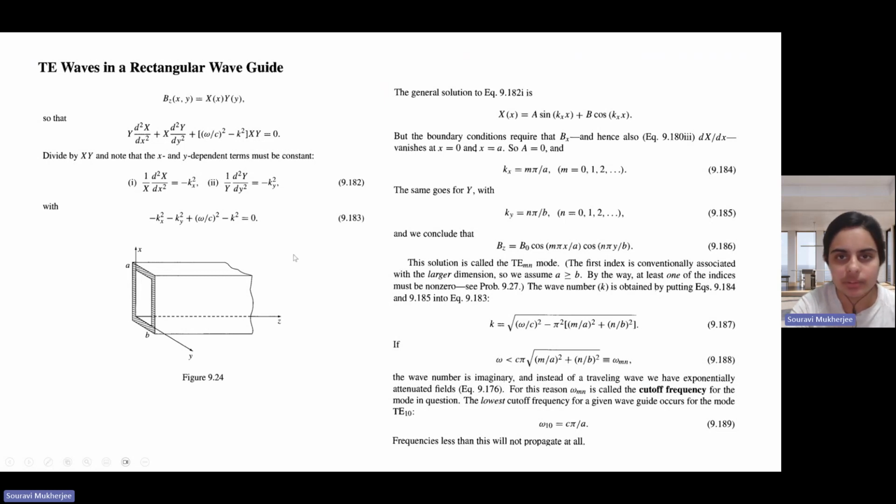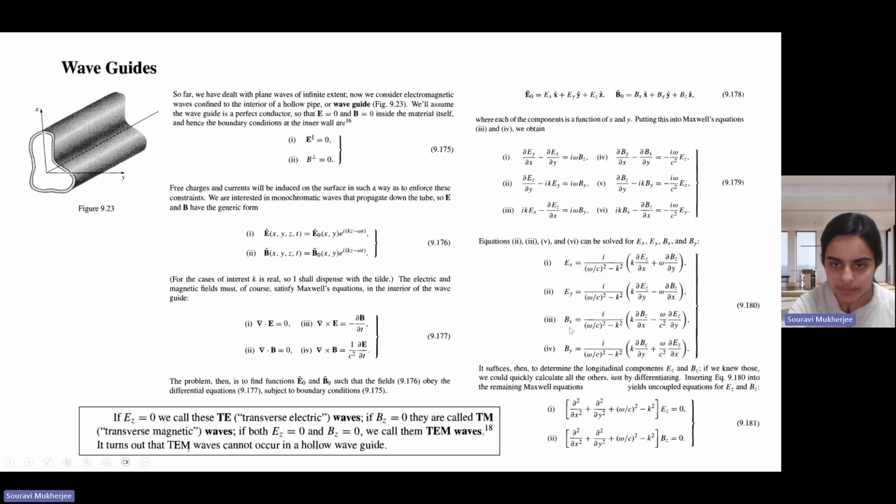Now here you apply the boundary conditions. Here you are applying the condition that Bx should be 0 at x equal to 0 and x equal to a. And this is what you had done here, right? So Bx is dependent on del Bz del x, the derivative of Bz, right?